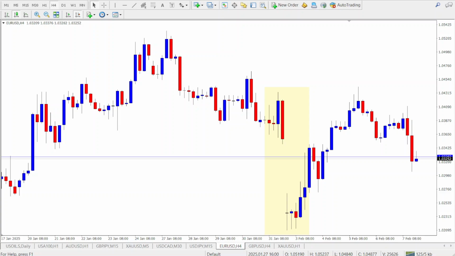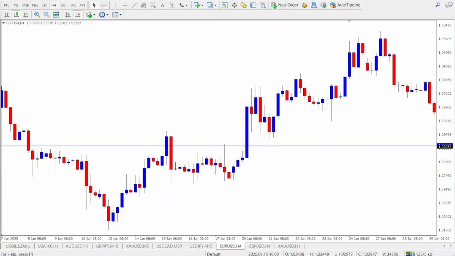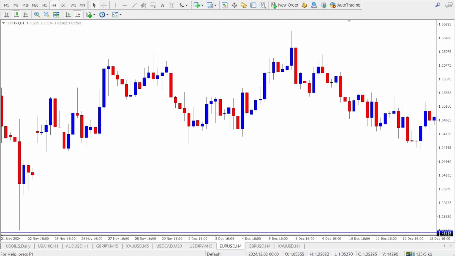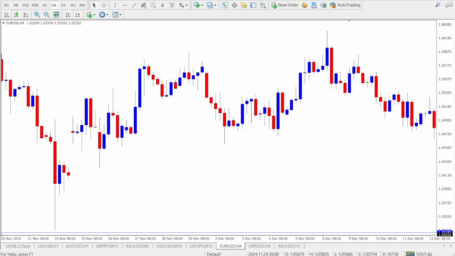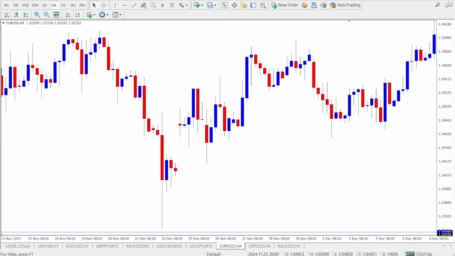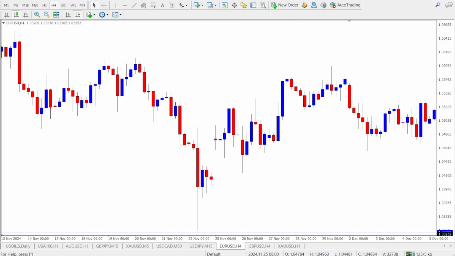Whenever you notice a gap happen in a strong trend, maybe... I can't really find an example right now. This might actually be a common gap because I don't exactly remember if there was a significant event.